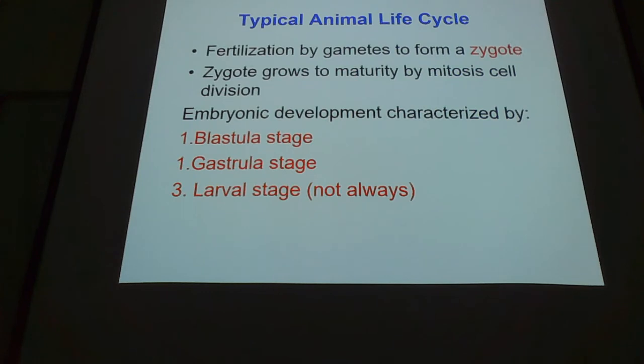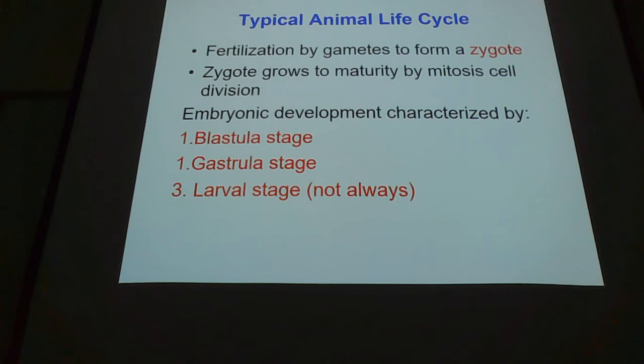Okay? All right, so after fertilization of two gametes, you have the formation of a fertilized cell, which is properly named the zygote. The zygote grows to maturity by cell divisions known as mitosis. We'll talk about mitosis when the cell division chapter comes. Start familiarizing yourselves with this word already.